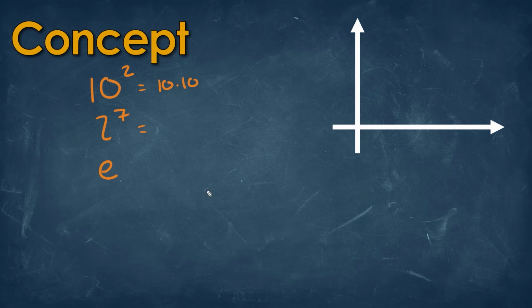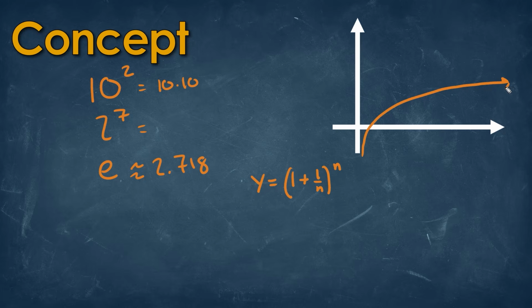Well, e actually stands for a value that's roughly equal to 2.718. And where that comes from is, say that we had y is equal to 1 plus 1 over n, or x, raised to the n power. If we were to graph it, it would look something like this, where as x approached infinity, this value would get closer and closer and approach this value of e is equal to 2.718.